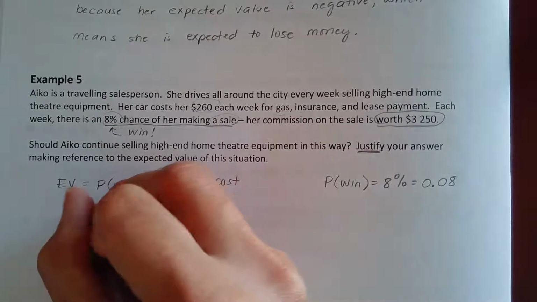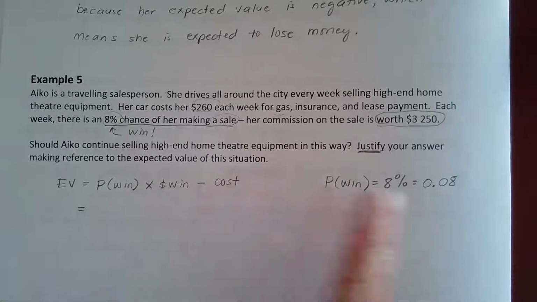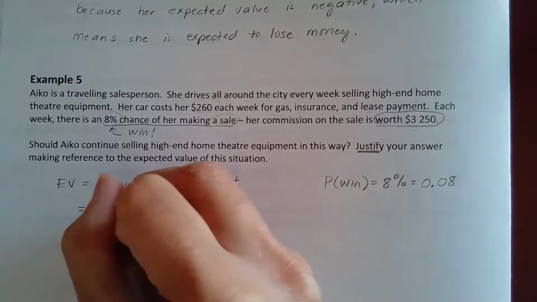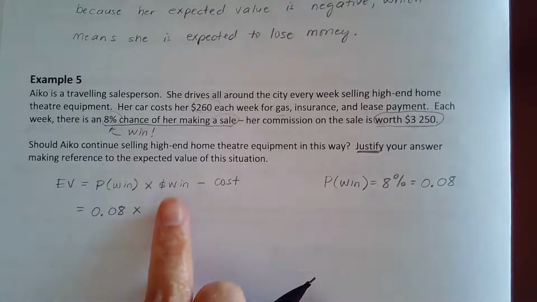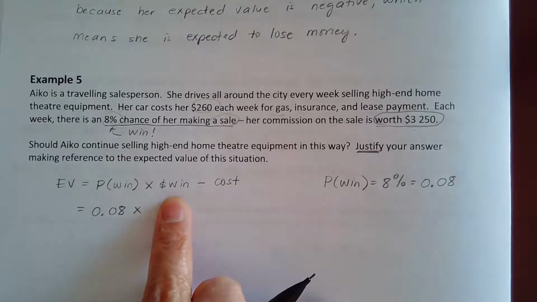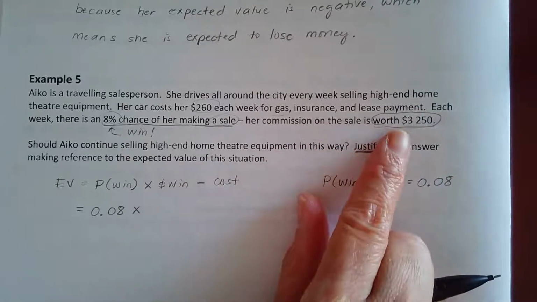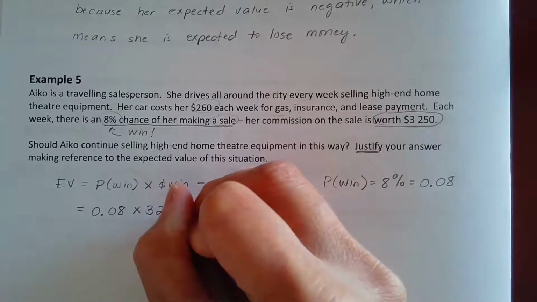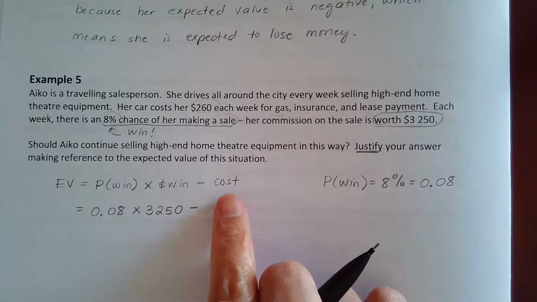So, probability of winning, we just figured that out, is 0.08 times how much is she gonna get if she wins. Now she's gonna get her commission. It says your commission on the sale is $3,250 minus her cost.